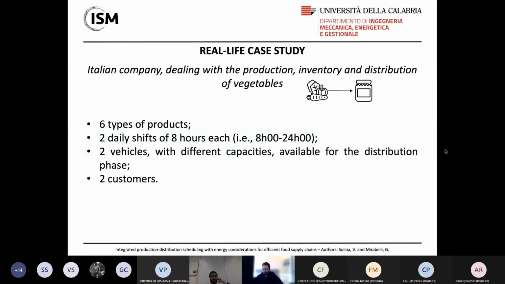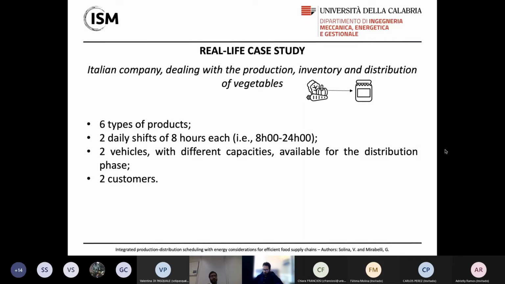We have considered, as I said, a real-life case study, in particular an Italian company in the south of Italy, near our university, dealing with production, distribution, and inventory of vegetables, in particular vegetables preserved in oil and in jams.